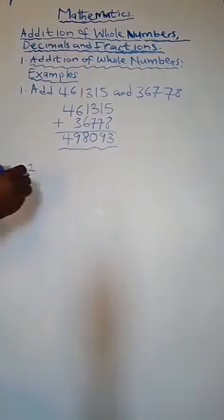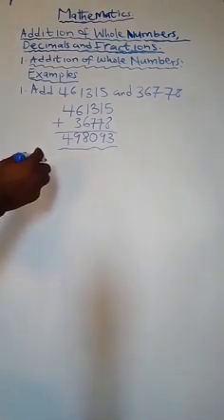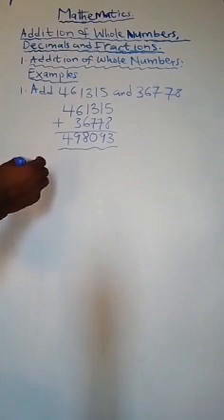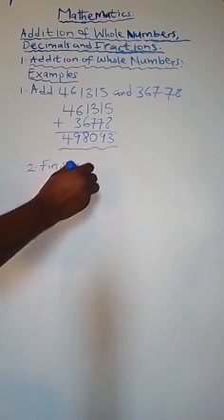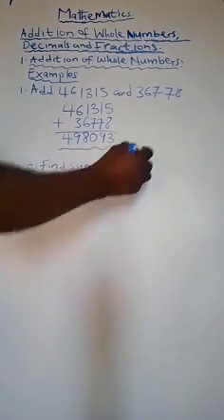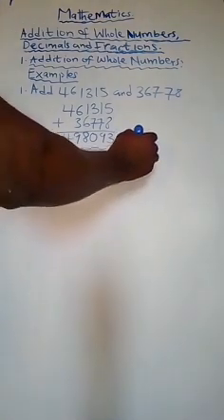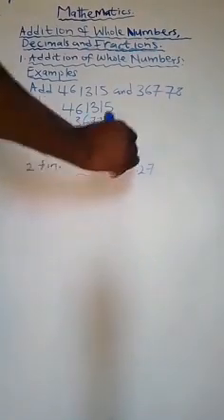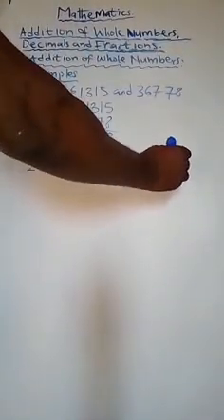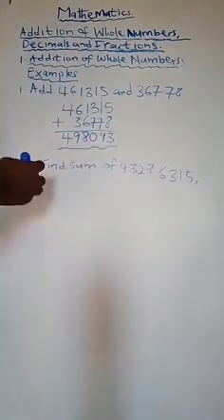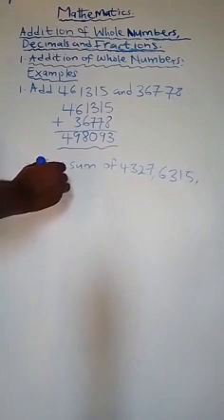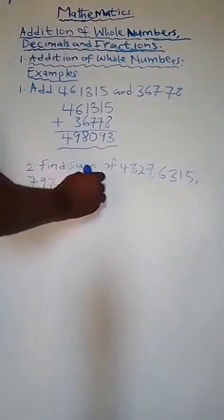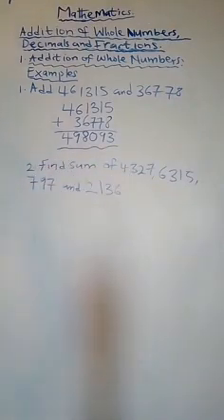Let us look at another example to boost our understanding of addition with whole numbers. Find the sum of 4327, 6315, 797, and 2136.